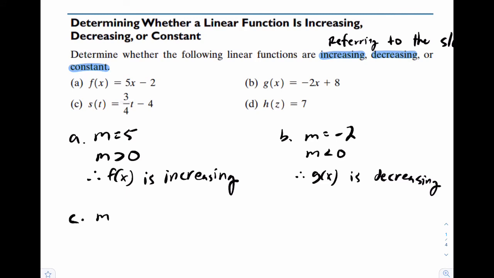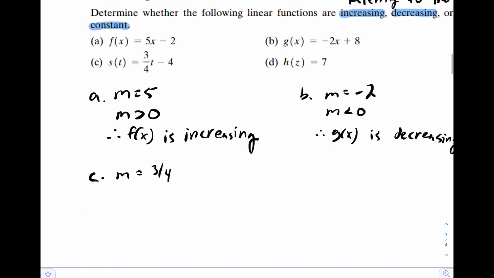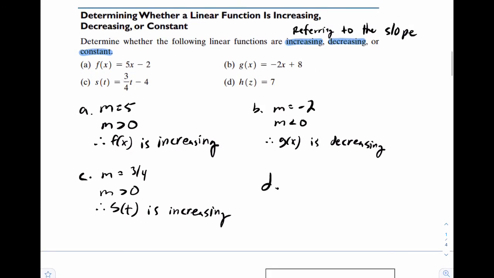For C, m is 3/4. That is a positive number greater than 0. Therefore, your function s of t is increasing. On the final part, D, this is kind of tricky. m here equals 0. Now, if m equals 0, that's what we call a constant function.